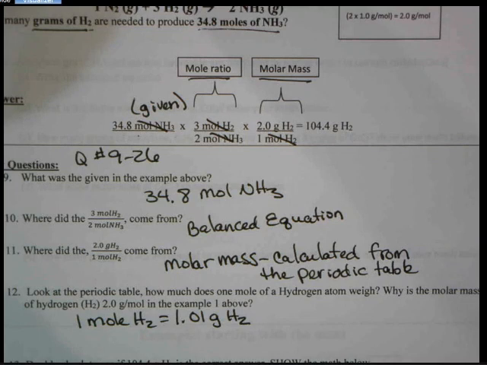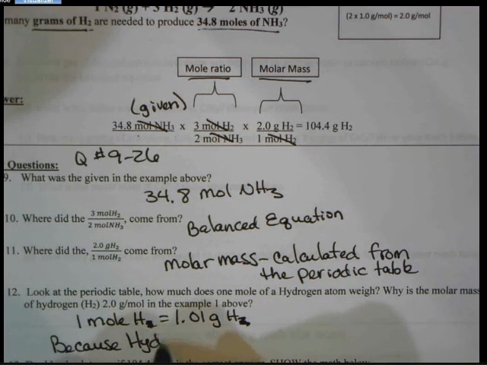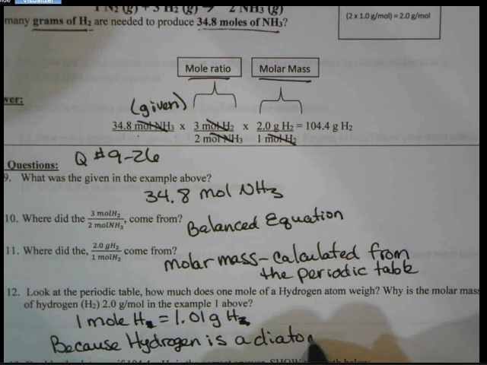Why is the molar mass of hydrogen 2.0 grams per mole in the example above? Well, notice, 1 mole, sorry, I should not put the 2 there, should I? 1 mole of hydrogen. Notice there's no subscript there. It's 2, and that is because hydrogen is a diatomic, okay?